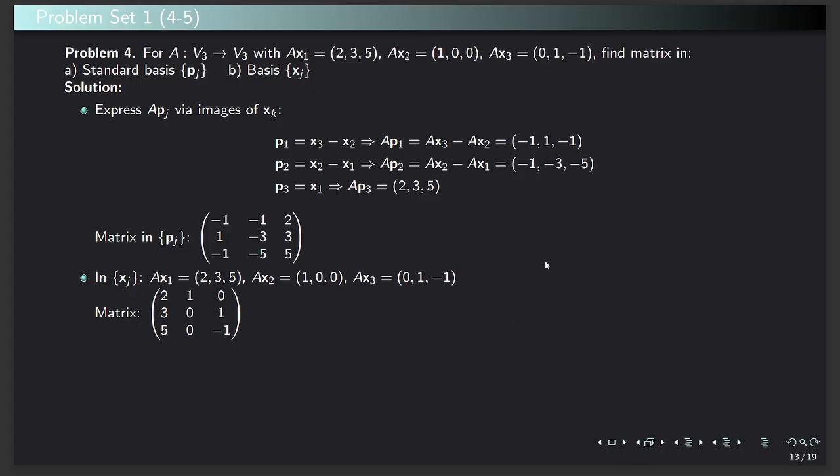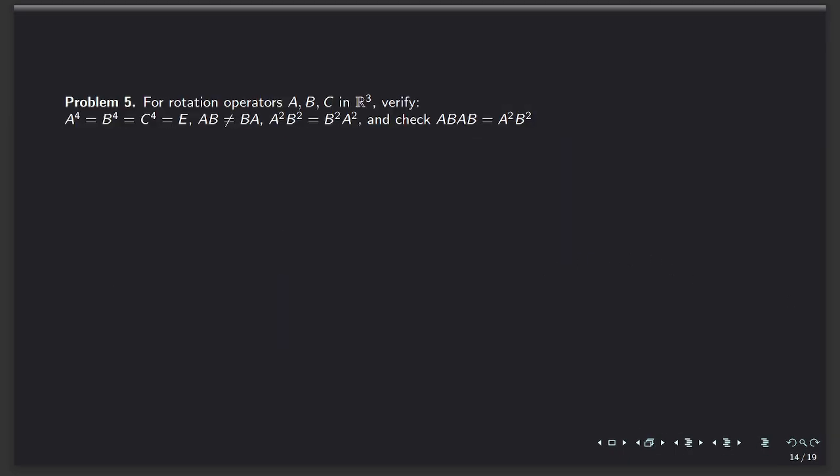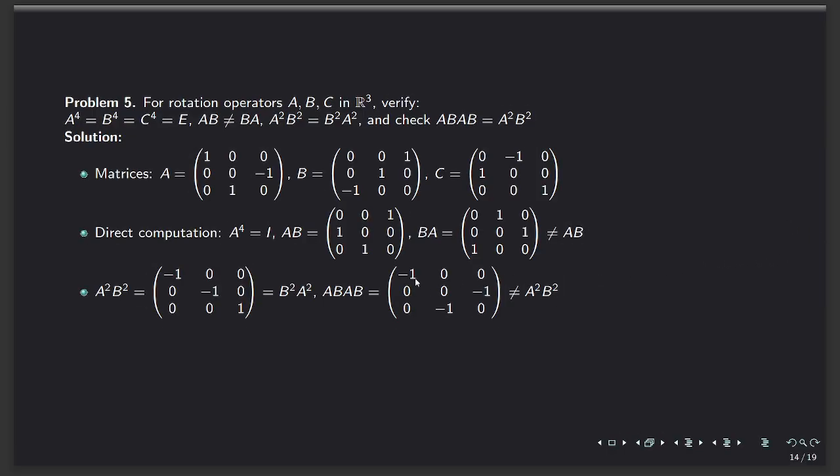So problem 5 here is trying to examine the algebra of rotation operators in 3 dimensions. We're given the matrices for 90 degree rotations about the x, y, z axes, which would look like that. A direct matrix multiplication confirms that the fourth power of each is the identity, as four 90 degree rotations make a complete circle.